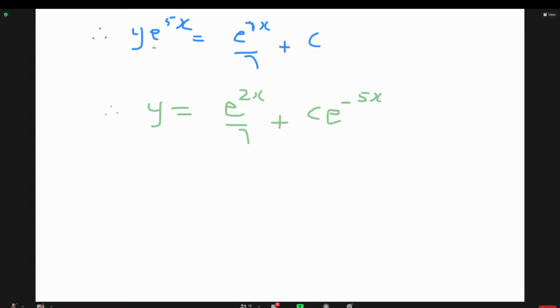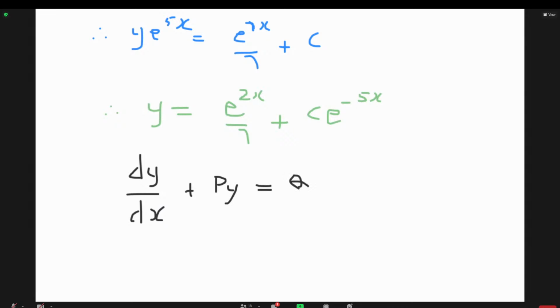Okay, so what is the purpose here now? The equation we have just solved is an example of a set of equations of the form dy dx plus p y equals q. All right.